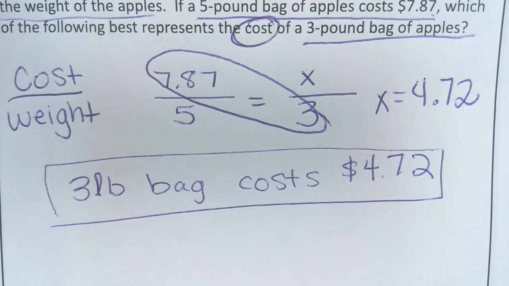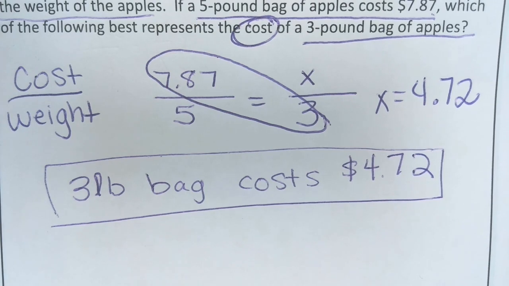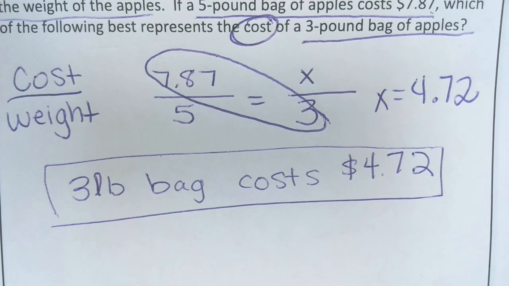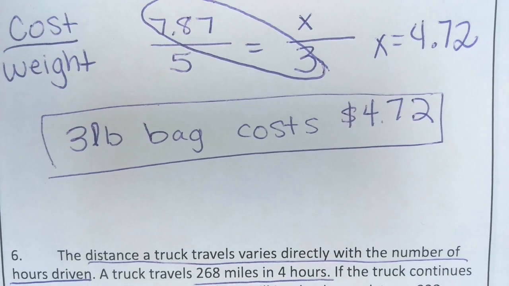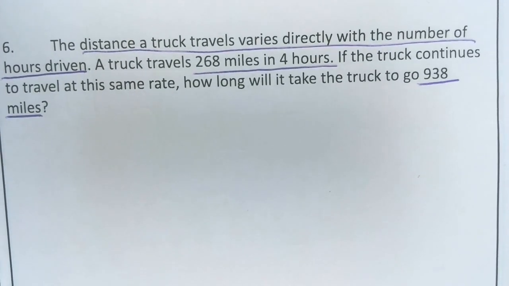So you should be highlighting and underlining the important information, set up and solve the proportion. Okay, I'm going to go ahead and work it out.